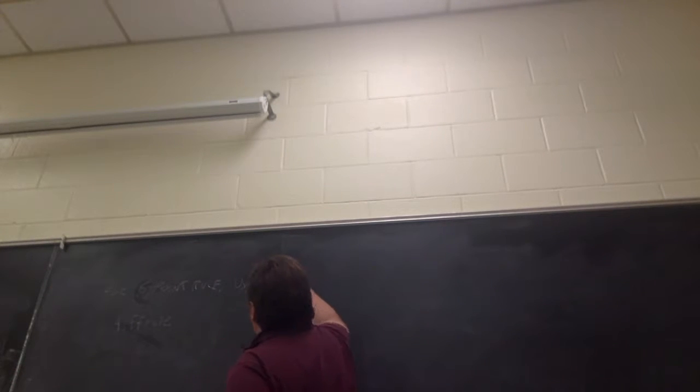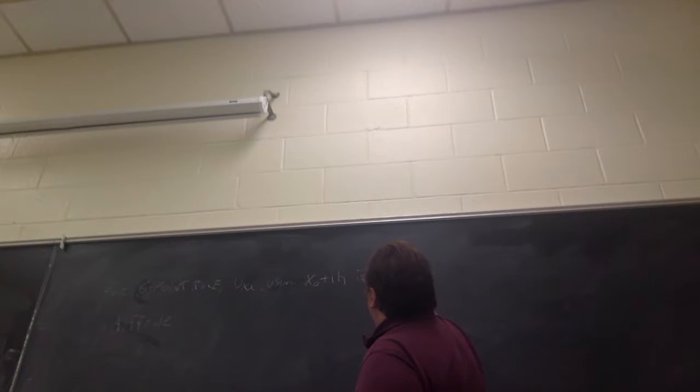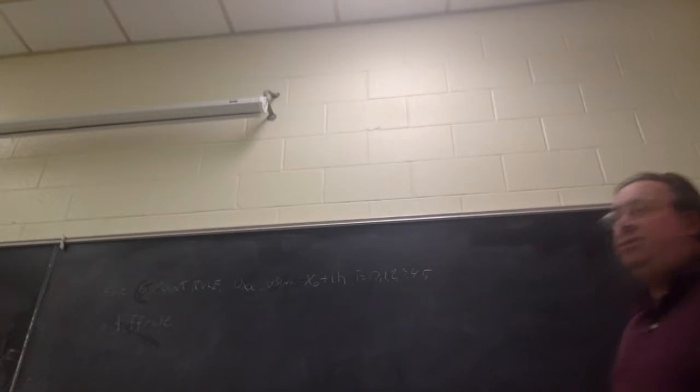So for a 6-point rule for uxx, the second derivative, using x naught plus ih, where i goes all the way from 0 to 5, so 6-point rule.